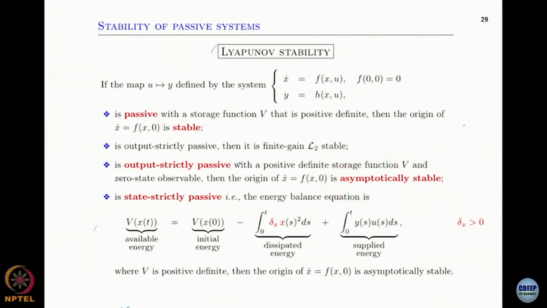asymptotic stability. And if it is state strictly passive, so we have this term appearing with the whole state, then we also have asymptotic stability right away, because once again you could use this as a Lyapunov function, forget about this term, and you will have a Lyapunov function that is negative definite.